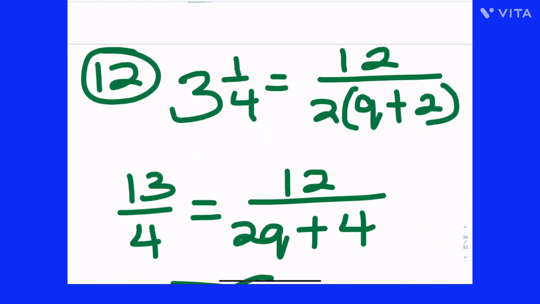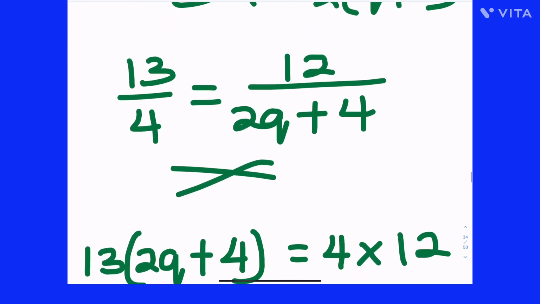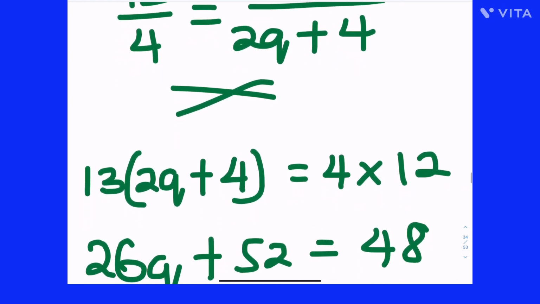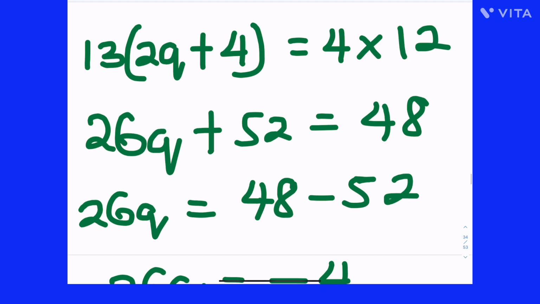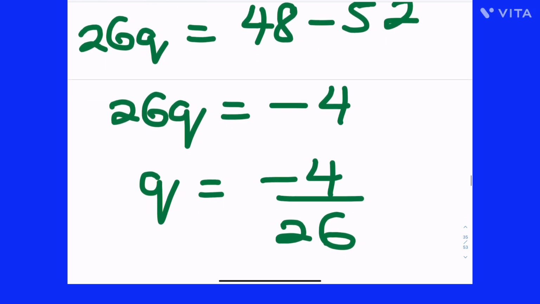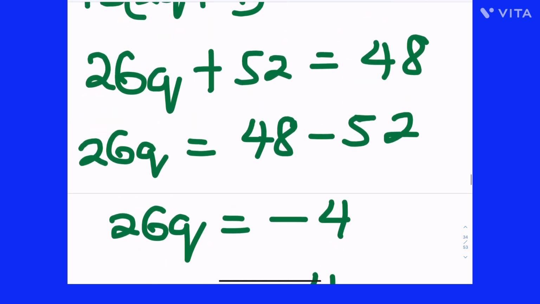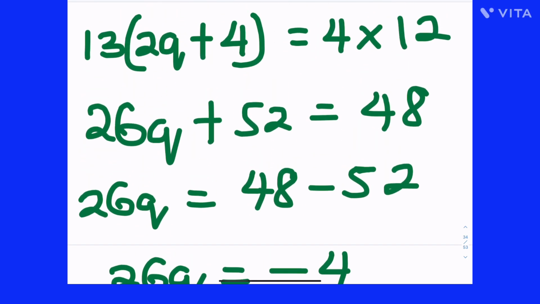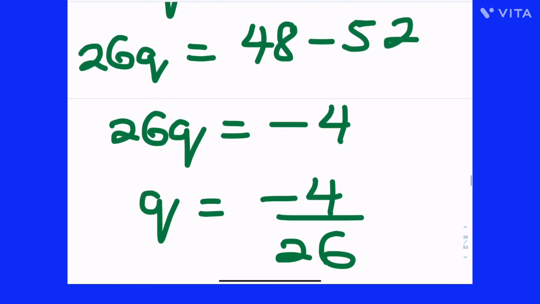Check this, number 12. It's the same thing. Just a tricky fraction on the left here. So we change it to improper fraction and cross multiply as usual. After expanding your brackets, collect like terms and simplify.